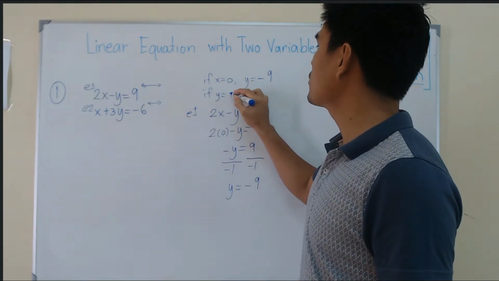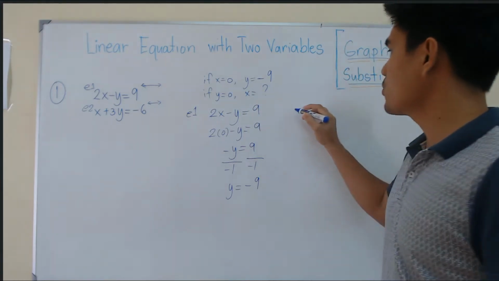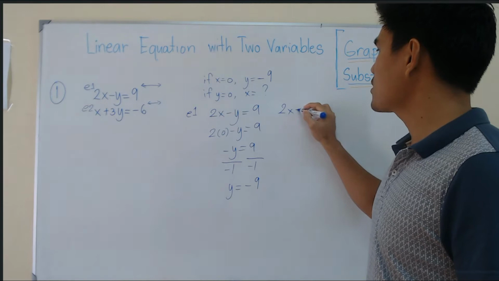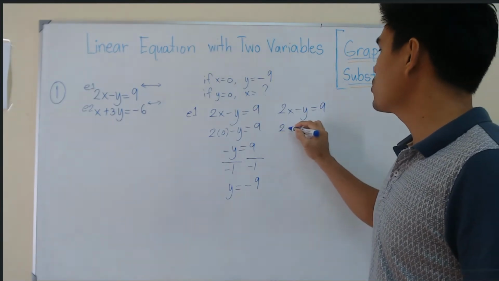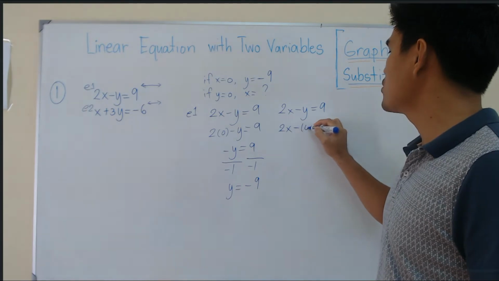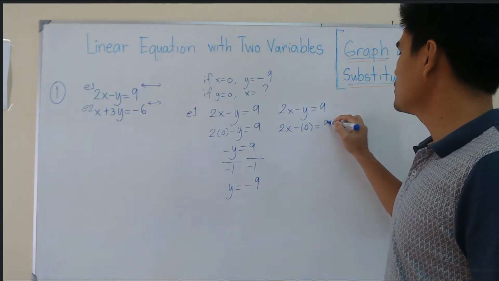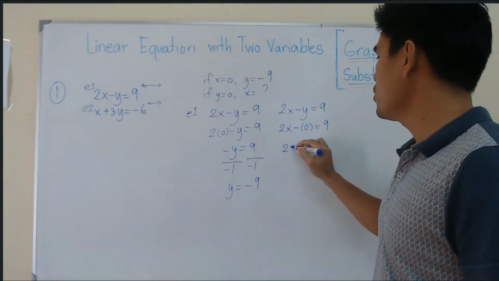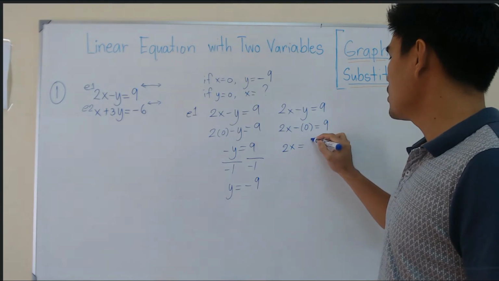And then if y is equal to 0, x is what? So we have 2x minus y is equal to 9. We have 2x minus 0 is equal to 9. So we have 2x is equal to 9.